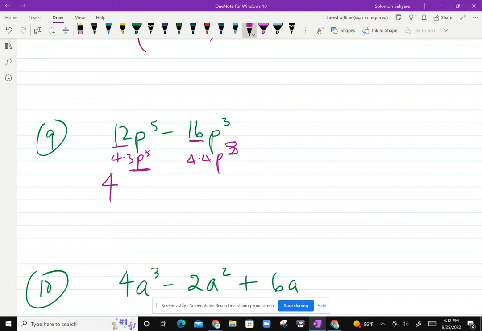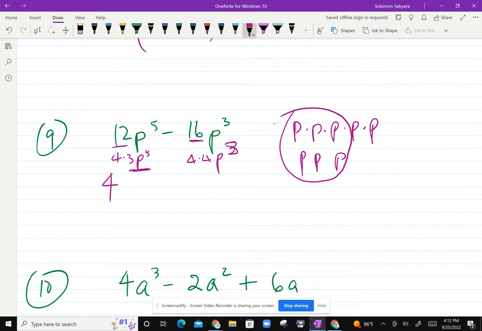This is p, p, p, p, p, that's p to the power 5, and p, p, p, p to the power 3. So what is common? It's p cubed. So 4p cubed. If we take p cubed out of p to the power 5, we are left with only 2 of them, p squared. Minus, if we take 4 out of 16, we are left with 4. This is 3, sorry. And then we took all the p cubed out of the second term, so there is nothing else left. It's times 1, so we just leave it like that.